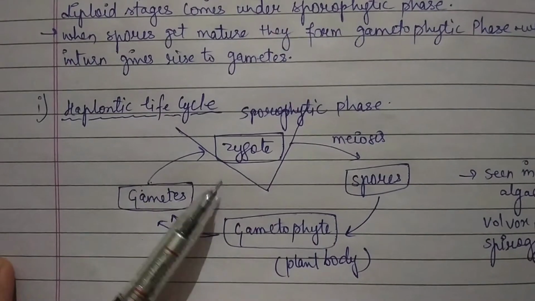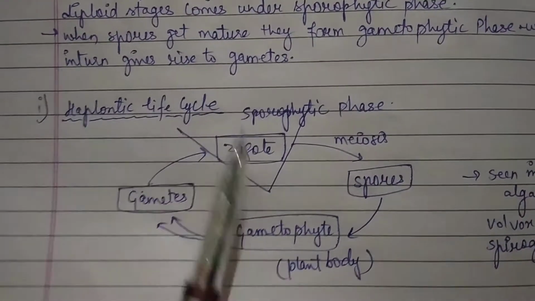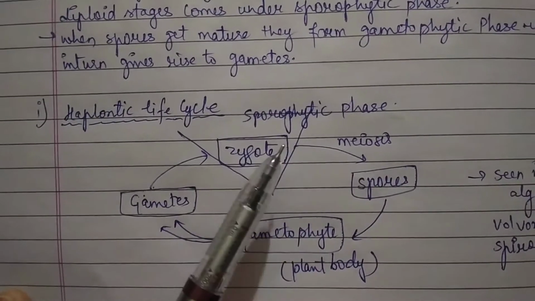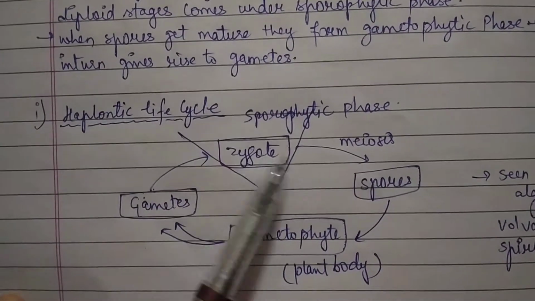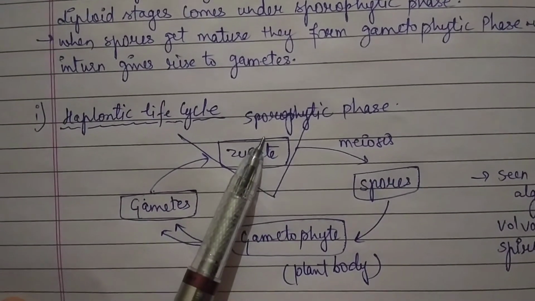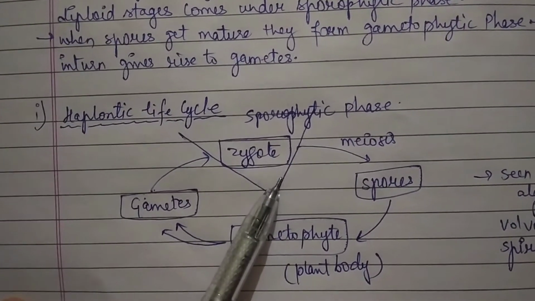And how this happens, it is similar to the previous one which we did. You get the zygote by the fusion and the zygote is diploid, so that will be the only sporophytic phase since it is diploid.